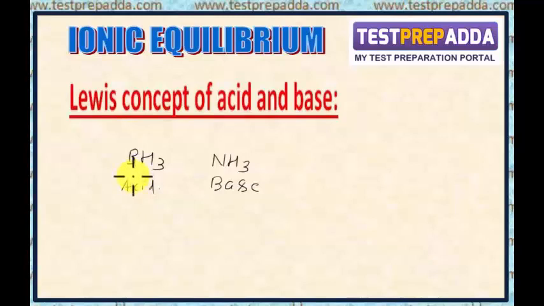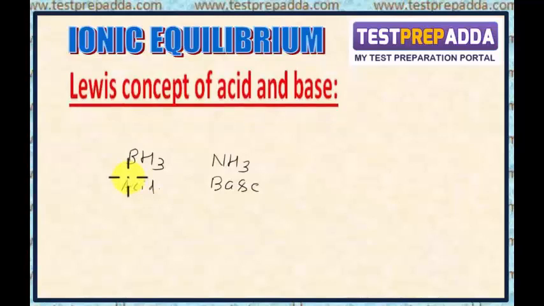It does not give H plus, but it shows the characteristics of acid. That is why we say the Lowry Bronsted theory failed to explain the acidic nature of BH3. And to explain this, the Lewis acid and base concept came into picture.